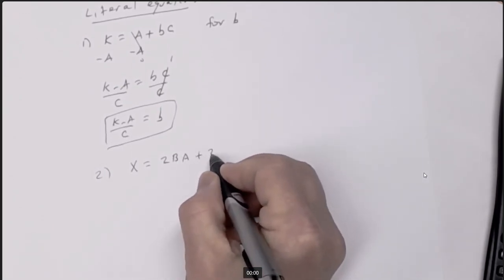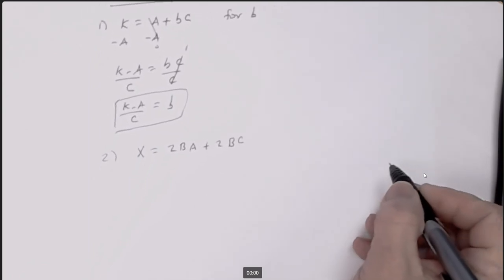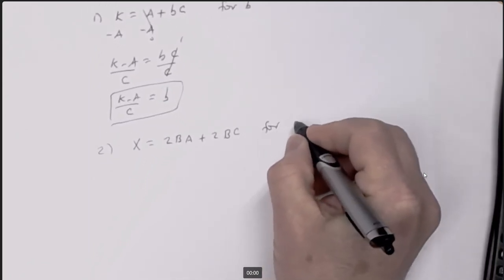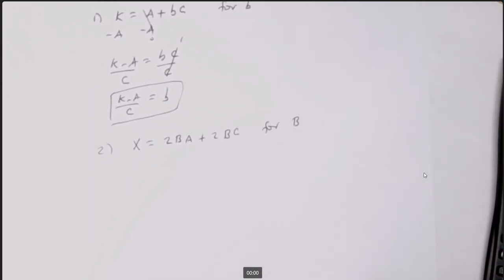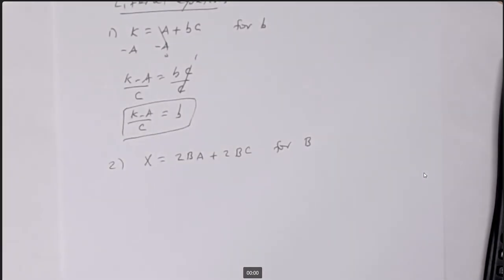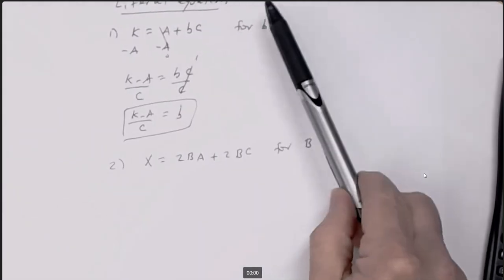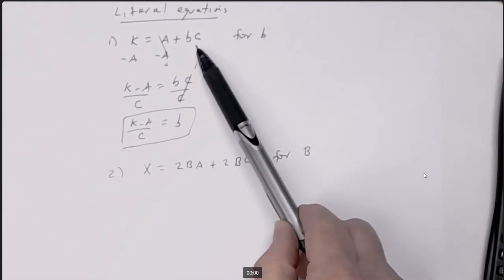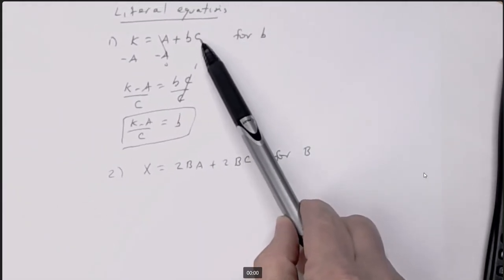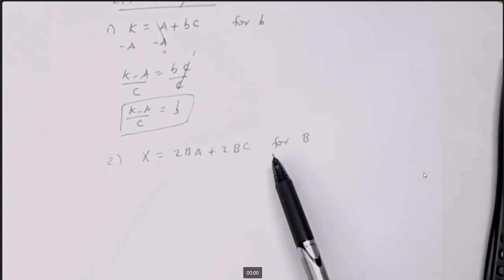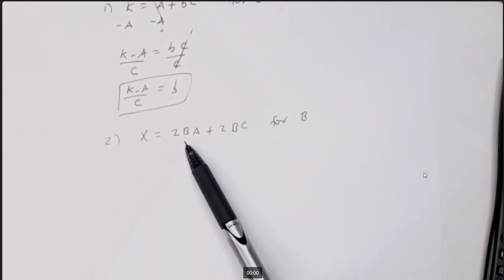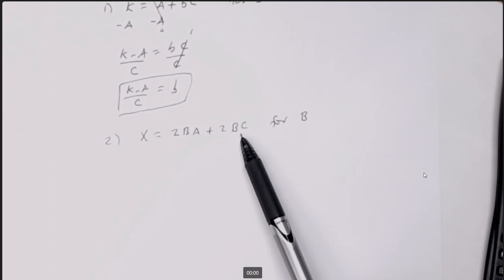And this time you want to solve for capital B. This time it's a little bit more complicated, because when I did number 1 and solved for lowercase b, only one term had that variable. Here, both of those terms on the right side have the letter I'm looking for.